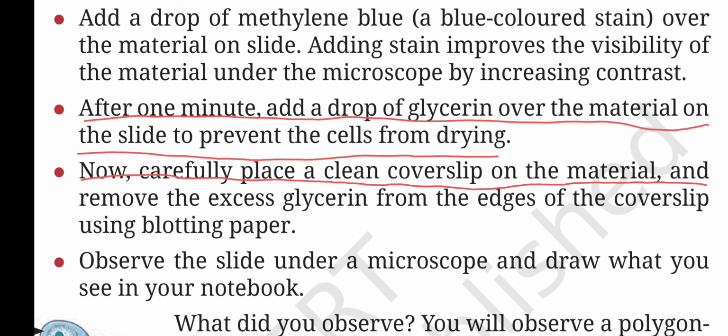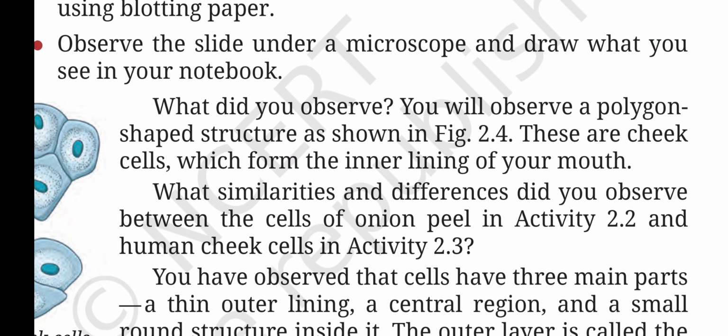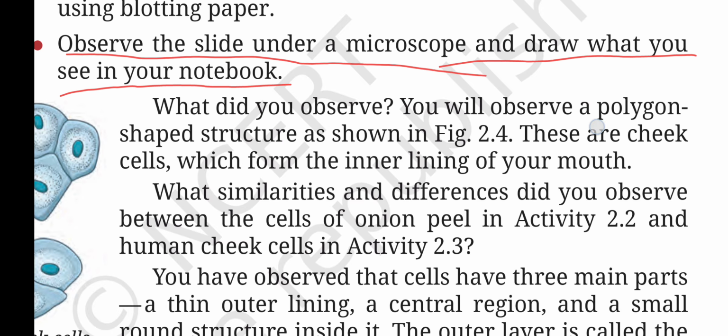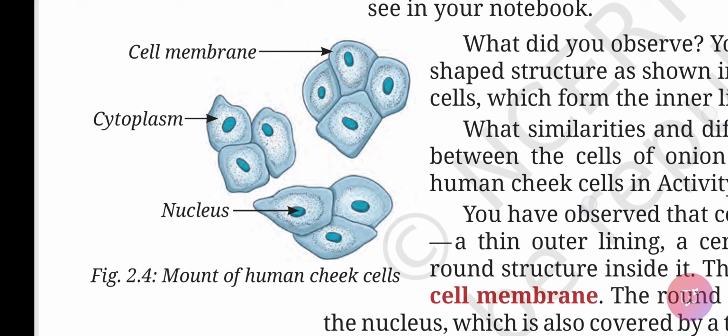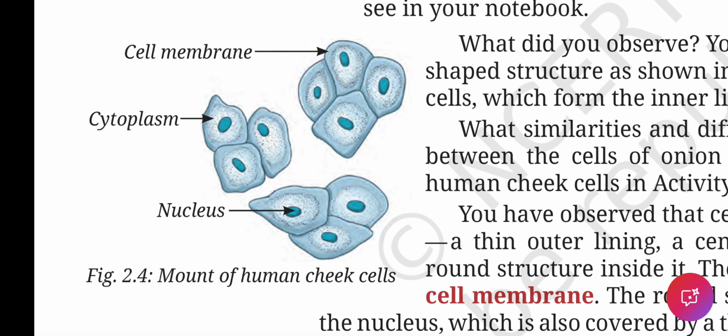Now carefully place a clean cover slip on the material and remove the excess glycerin from the edge of the cover slip using blotting paper. Observe the slide under a microscope and draw what you see in your notebook. What did you observe? You will observe a polygon shaped structure as shown in figure 2.4.